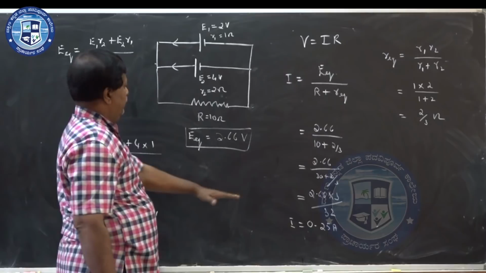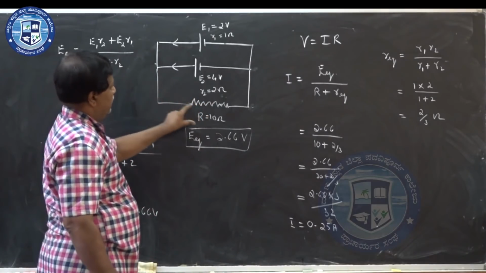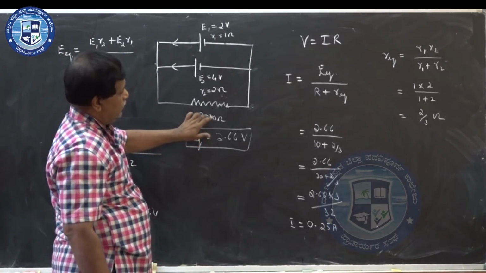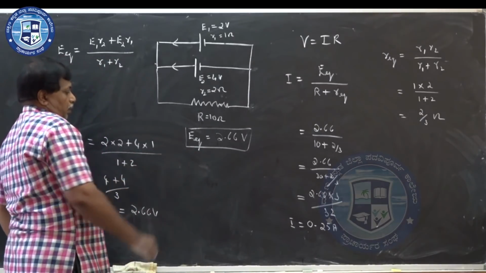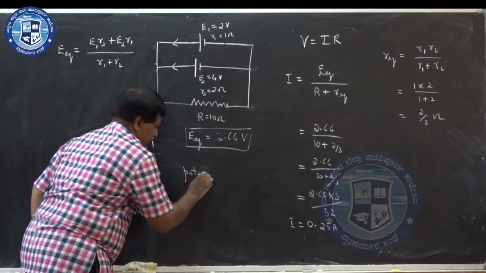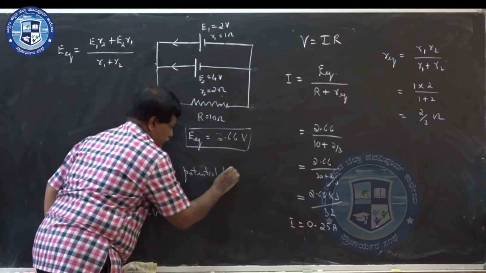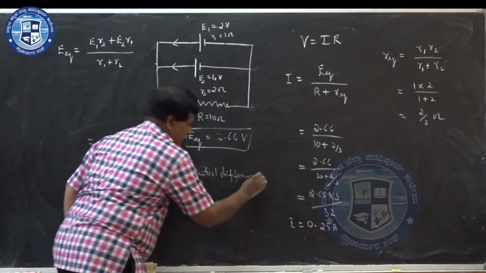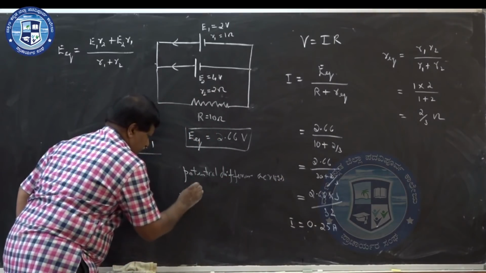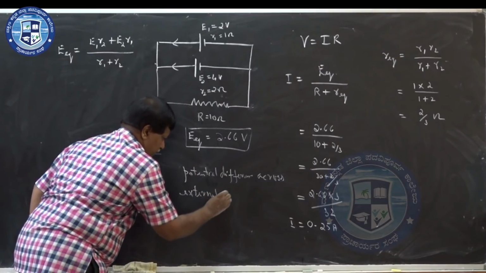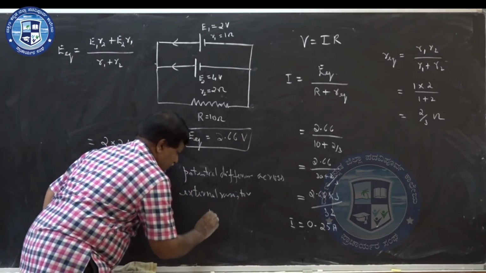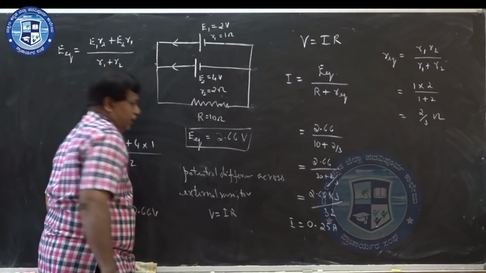Since we got the I value and we know the resistance, we can get the potential difference across the external resistor, V equal to IR.